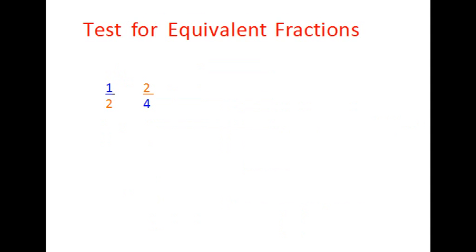Let's see the test for equivalent fractions. Now we already know that 1 over 2 is equivalent to 2 over 4. Now how do we test it? What we can do is we can take a product of 1 and 4 and 2 and 2.